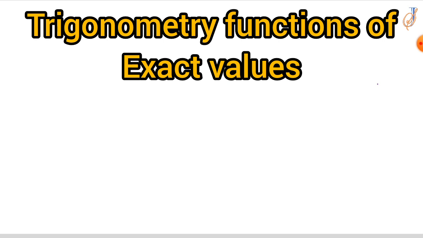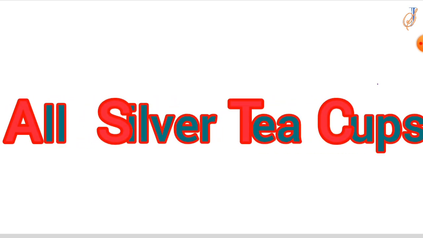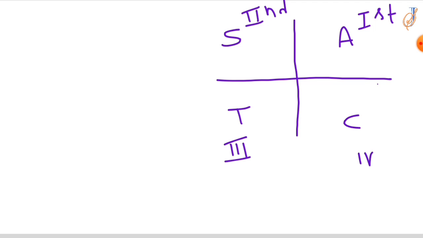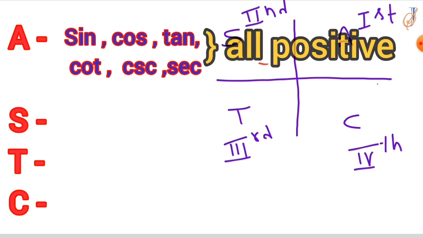Before diving into the exact values of trigonometric functions, let's quickly recall the popular mnemonic device, that is, All Silver Tea Cups. This is the first quadrant, this is the second quadrant, this is the third, and this is the fourth quadrant. Here A stands for all the functions, that is sine, cos, tan, cot, cosecant, secant.